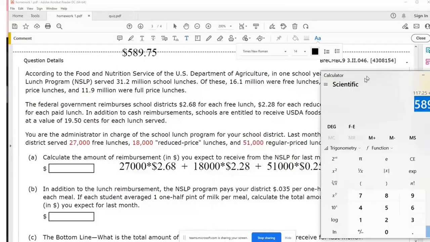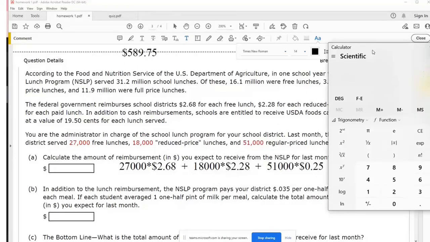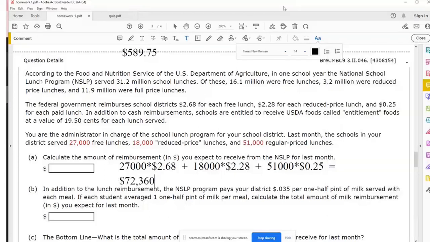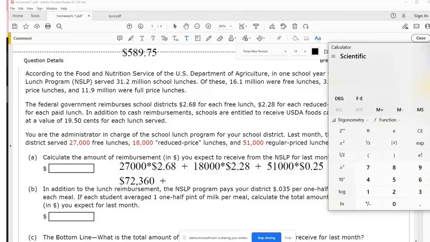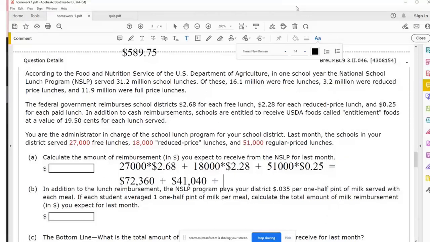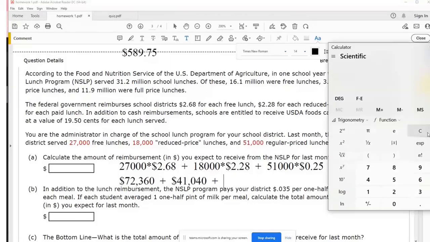So we want to multiply first before we add. Oops, I did that wrong. 27,000 times 2.68 is $72,360. Then $41,040, and $12,750.